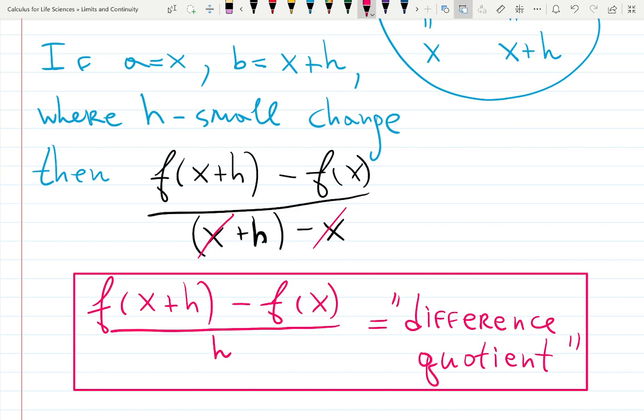That is exactly what h is. It's a small step size. Usually you make it small, and soon we're going to learn how to shrink it to infinitely small. So h is kind of a step size, but let's call it small change.